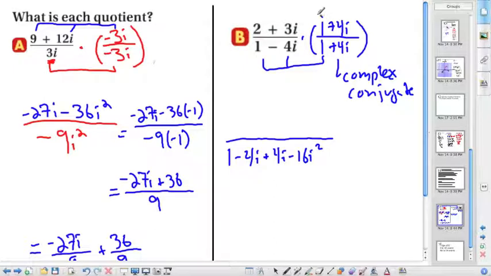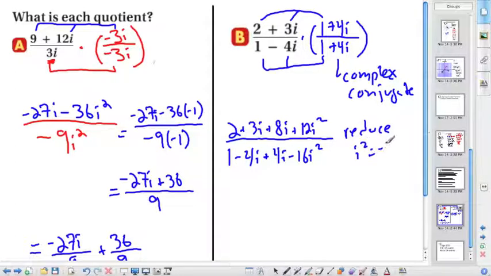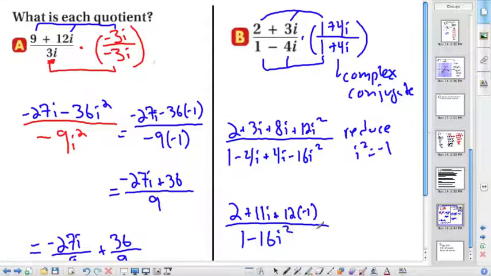In the numerator, we have to multiply. 1 times 2 is 2. 1 times 3i is 3i. And we have to do 4i times 2 is positive 8i plus 12i squared. Now we have to reduce. Remember that i squared equals negative 1. So we have 2 plus 11i plus 12 i squared all over 1 minus 16i squared.